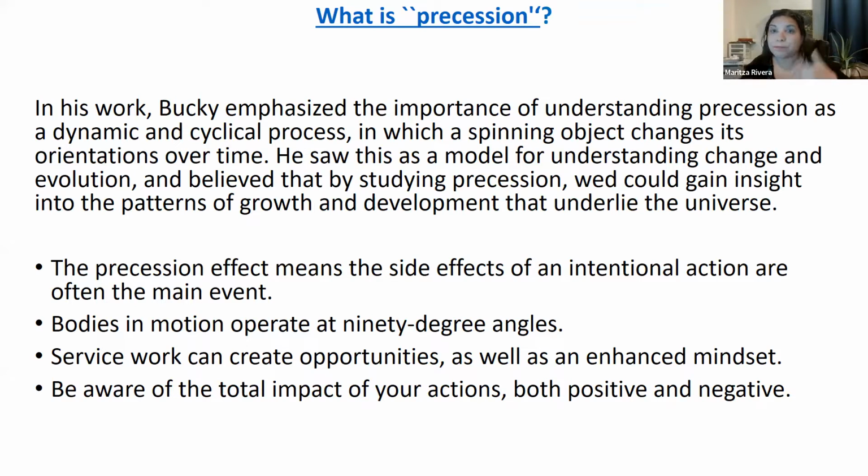And perhaps in moving with intention, we can attempt to ensure that the impact is a net positive. And that's what I hear Bucky saying in some of his very deep models and more complicated ways of saying it. I am not a physics major, so I'm just sharing with you how I understand it, looking at it and asking, how does this work for me? How does this work for us, for a community? This is the way that I see it. And that's all I have for you.